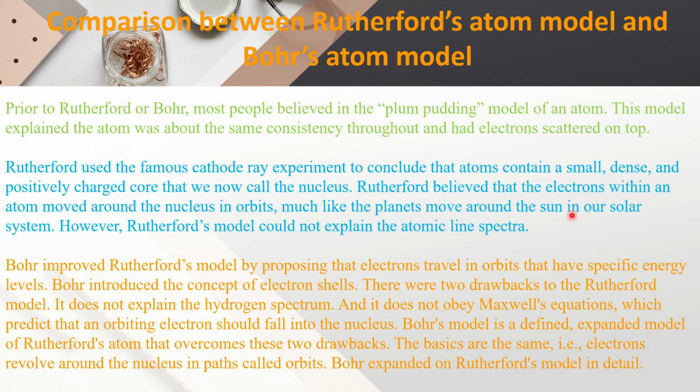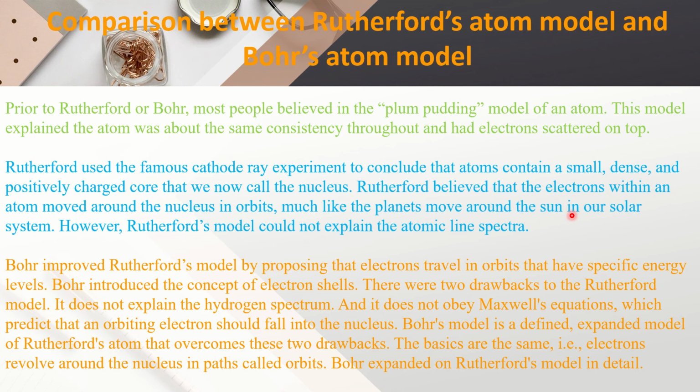Bohr improved Rutherford's model by proposing that electrons travel in orbits that have specific energy levels. Bohr introduced the concept of electron shells. There were two drawbacks to the Rutherford model that were also corrected by Bohr.